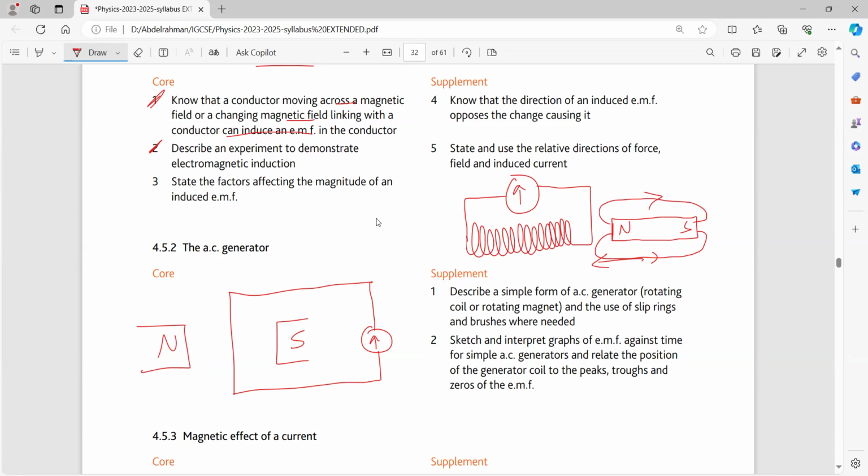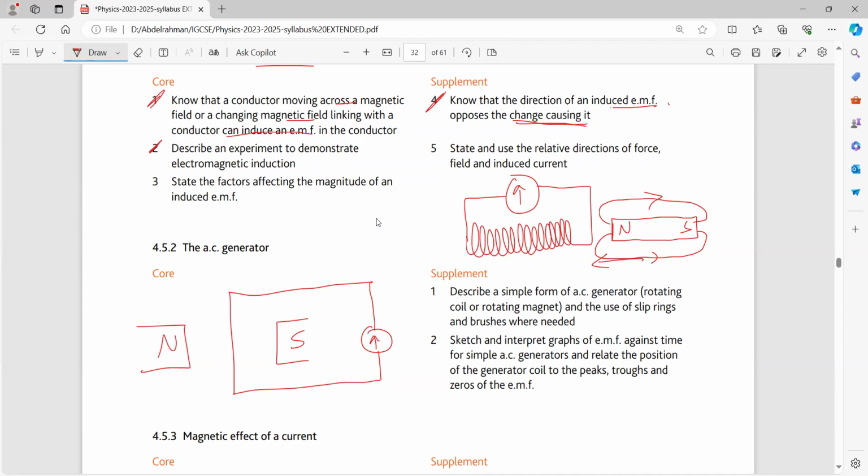Know that the direction of an induced EMF opposes the change causing it. What do I mean by this statement?